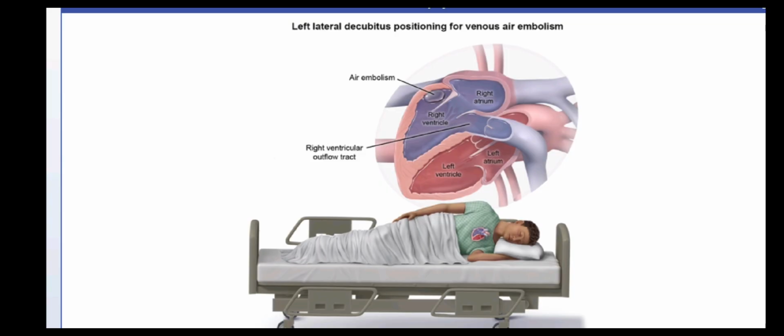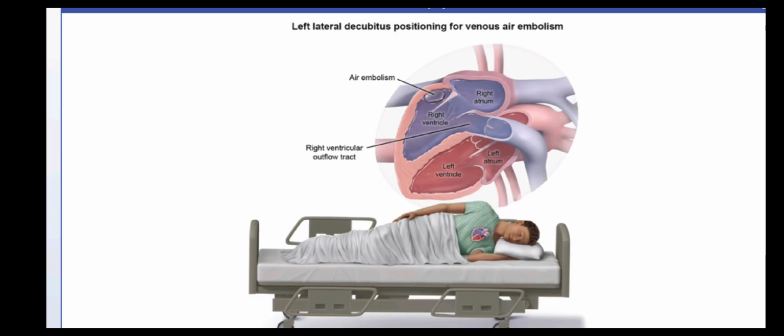For the air embolism, we can trap it in the right ventricle. Because in the normal heart anatomical position, this air embolism could get close to the aortic valve, so it will block this and could cause obstructive shock and after that cardiac arrest. But if we put the patient in this decubitus, we can trap the air embolism.